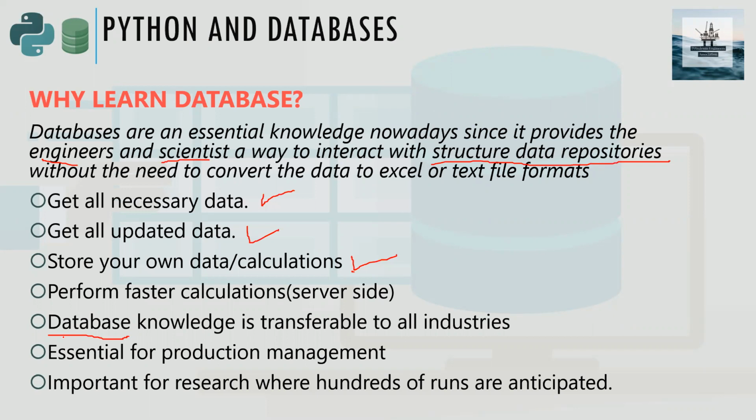It's the same knowledge, the same concept, and most of the time the same tools. So the knowledge is transferable to industries all over the world. And learning databases is essential for production management.